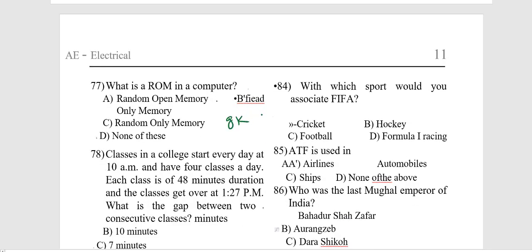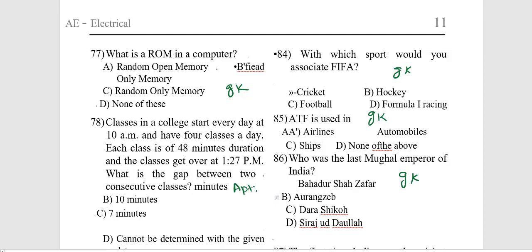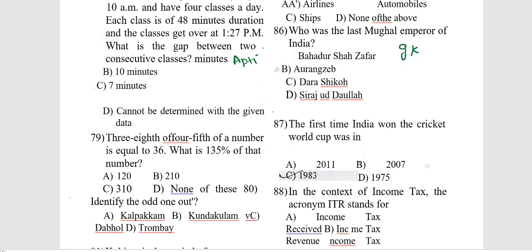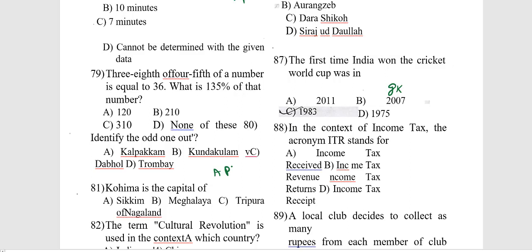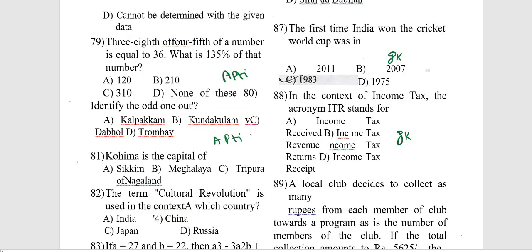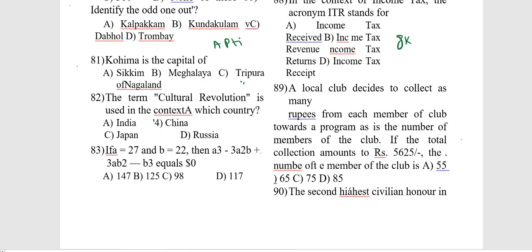Again general knowledge, ATF is also using general knowledge. This one also general knowledge, APT. Again general knowledge. Again this one is APT. General knowledge. Kohima, general knowledge, APT. This one also APT.